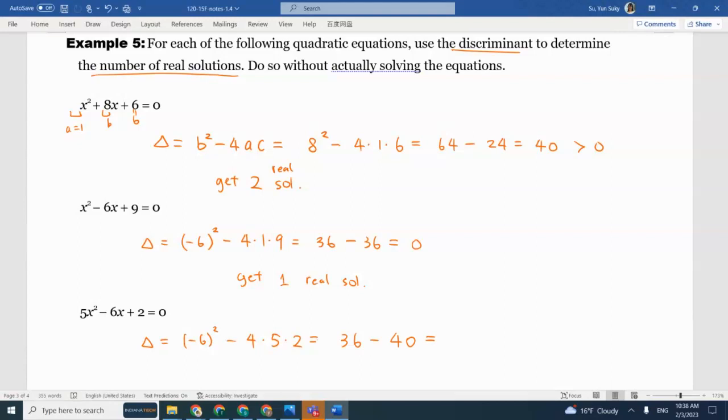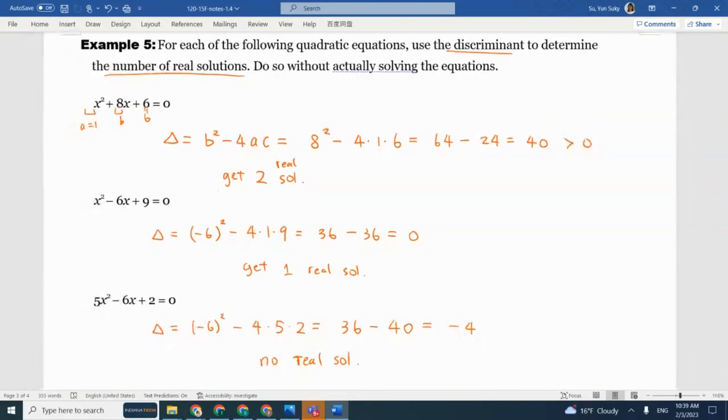Yes. Do we have a real solution? Right. No real solution. Okay. So in this problem, we just want to find the number of solutions. We don't need to actually find the solution. We just need to know the number. Okay, everybody? Good.